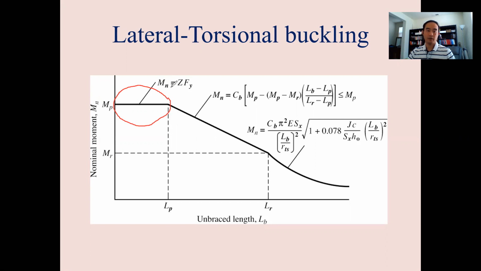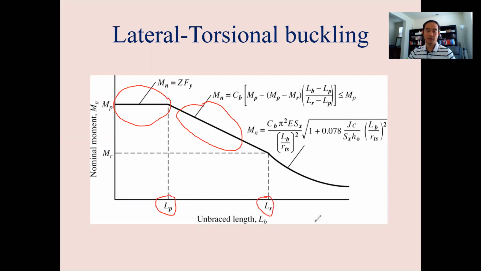So M sub N, our nominal moment, is going to be equal to M sub P, which is Z times Fy. And this is the reason that we have some reduction of our moment capacity due to less lateral support.